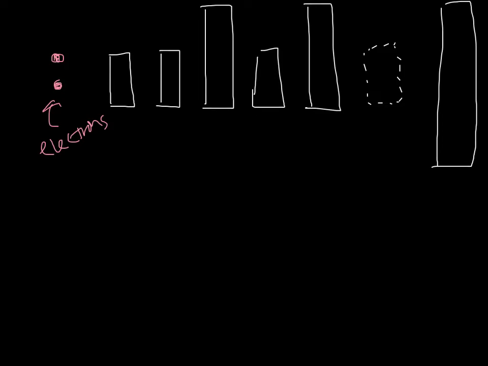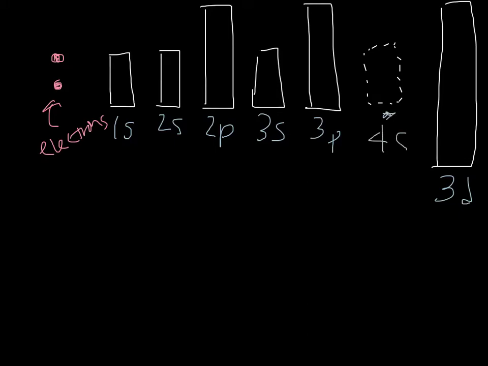So the energy levels that we will talk about first are S, P, and D. So here is 1s, here is 2s and 2p, here is 3s, 3p, 3d, and the reason that this one right here is kind of hashed out is this is actually 4s.